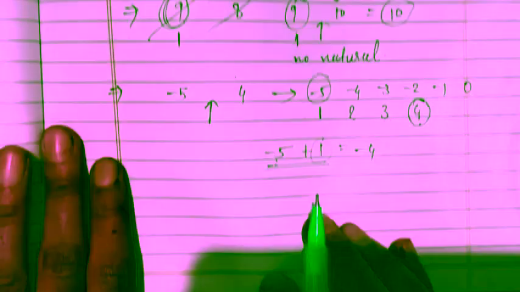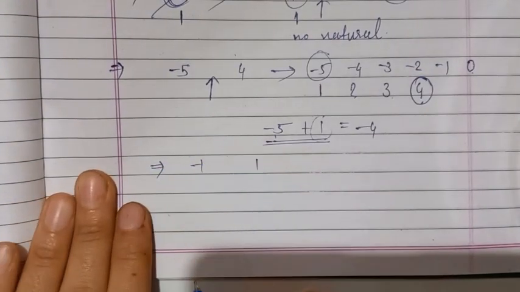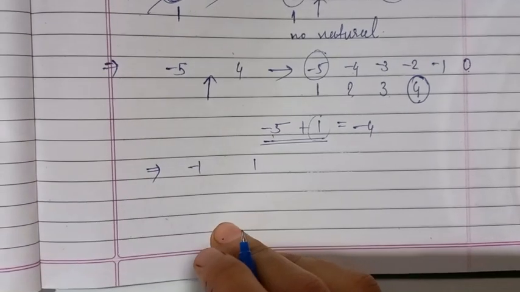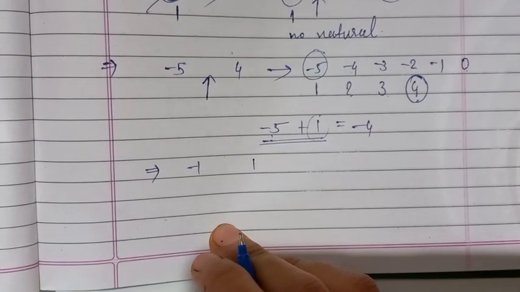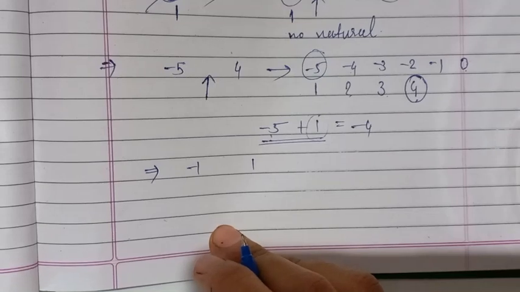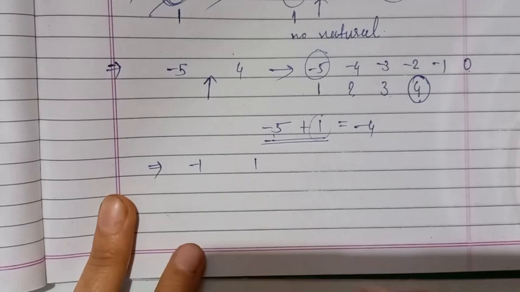Now see, how many integers are between -1 and 1? Same, because we know the difference between two sequential integers is 1. What is sequential?